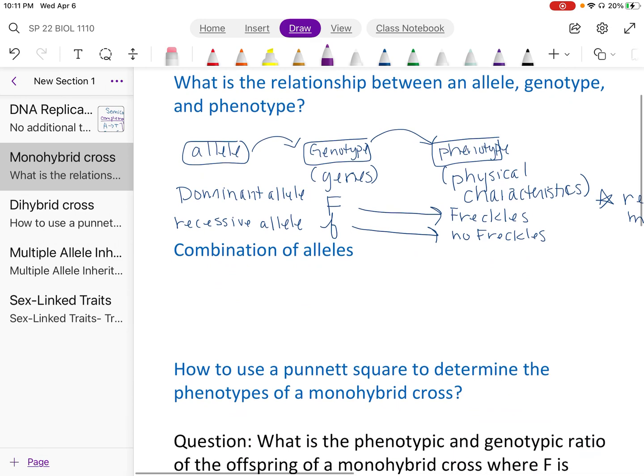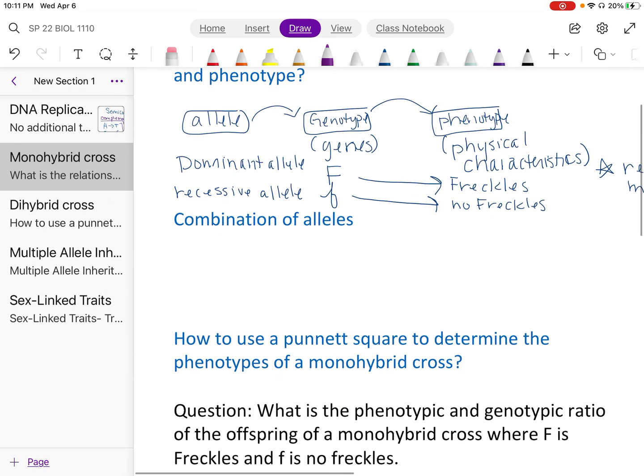So now let's look at combinations of alleles. If you have different combinations of alleles, we're going to show them as a genotype. The genotype is the gene, and it's going to tell us the phenotype, just like we had talked about before.